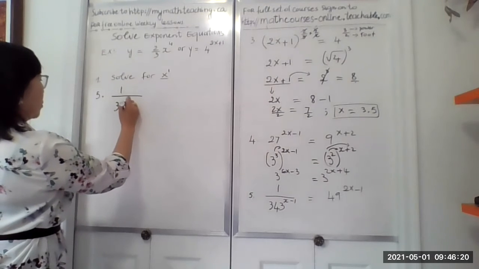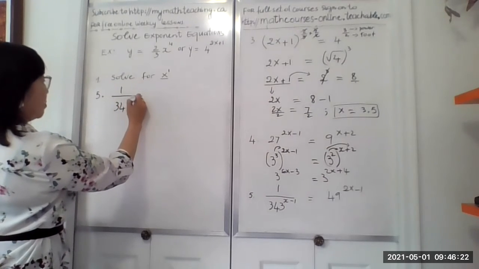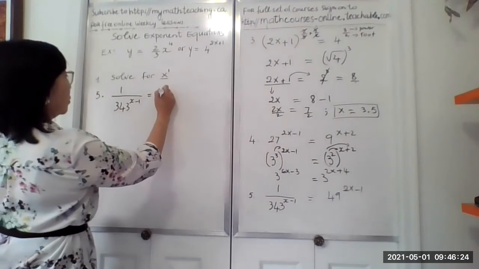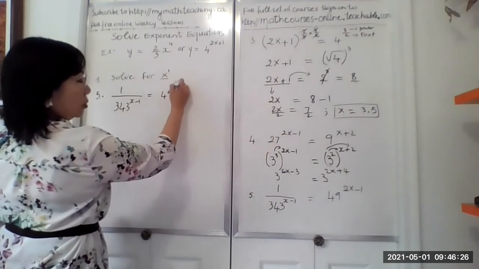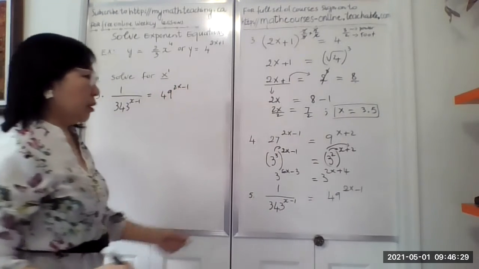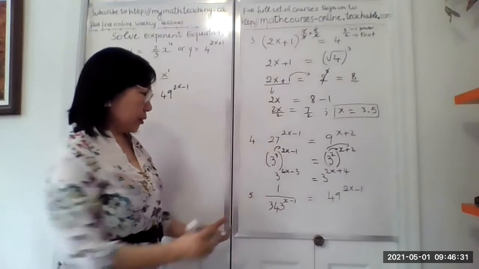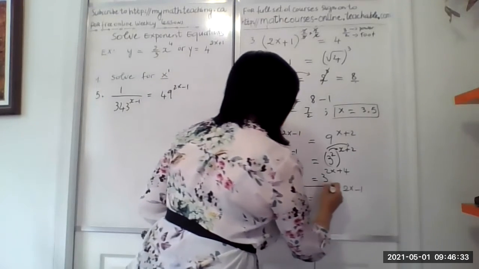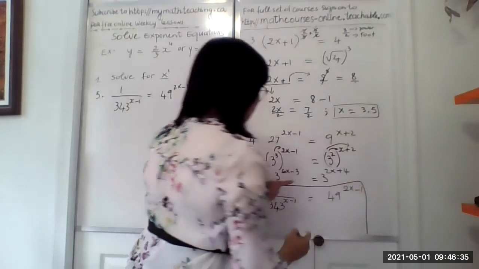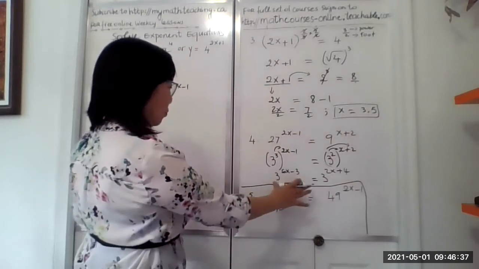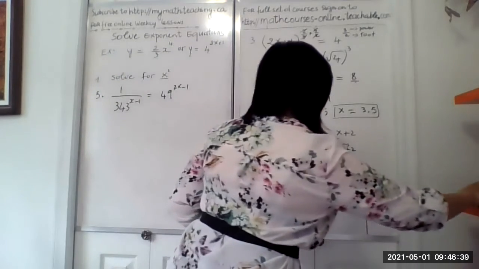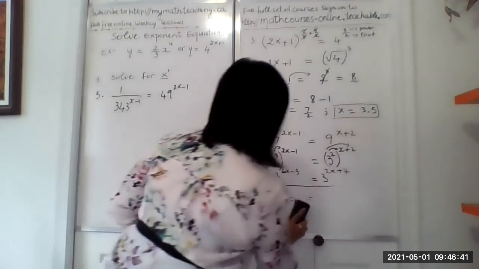And the next one, 3 to the power 4 to the power 3x minus 1 equals 49 to the power 2x minus 1. Okay, so now, sorry about that. I am going to continue with the step we left here. So let me erase this.